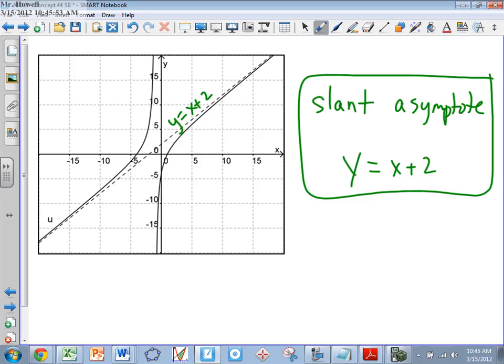Because if you look at the ends of the graph, the ends go toward the slant asymptote. Look at this clearly. As x gets bigger and bigger, as I move to the right, this gets closer and closer to the slant asymptote. As x gets less and less, this gets closer and closer to the slant asymptote.